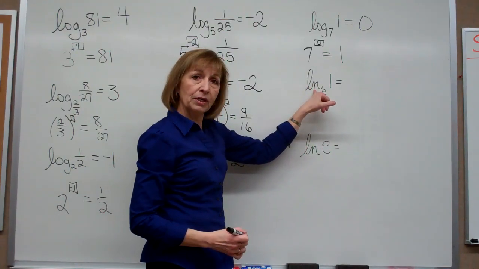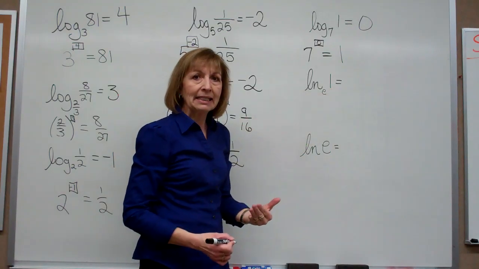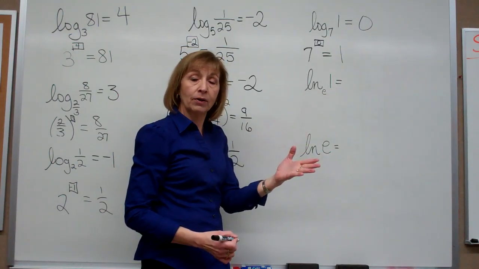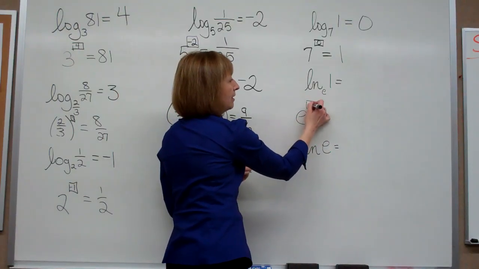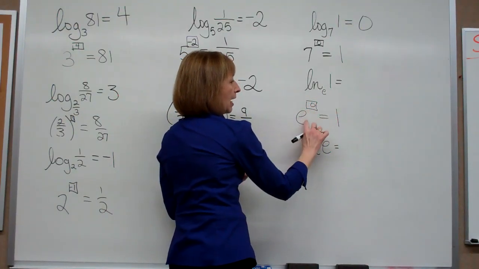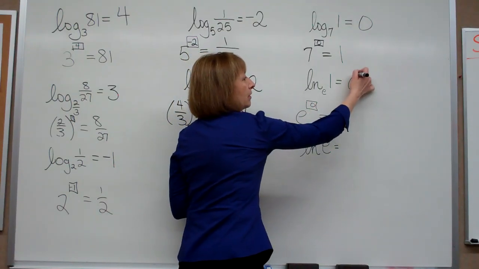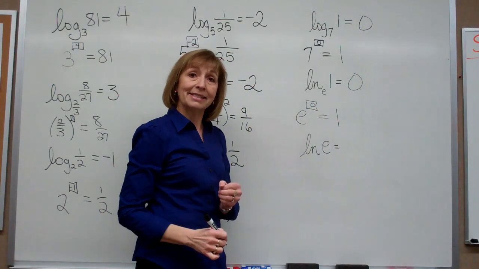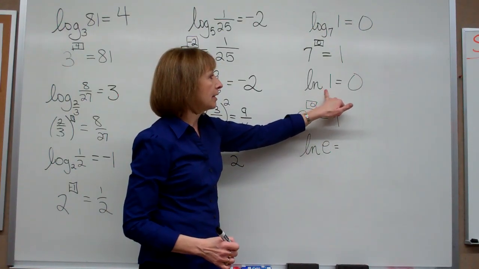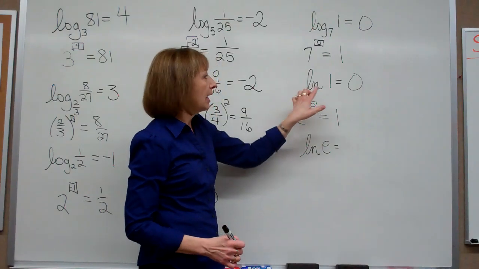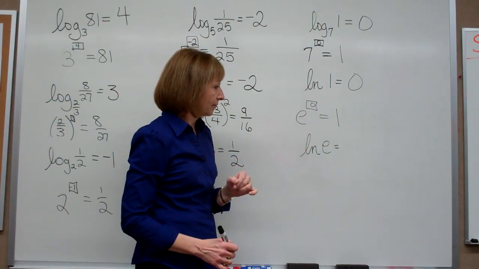So what exponent would I put on e to create the value 1? Well, any non-zero number to the 0 power is 1. So e to the 0 is how I get 1. So the exponent I put on e to get 1 is 0. So natural log of 1 is 0. And remember, it's not going to have the e showing there when they write it down. That's how you have to think of it when you see the spelling ln for natural log.